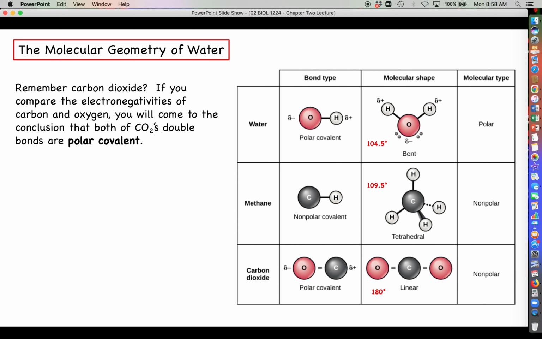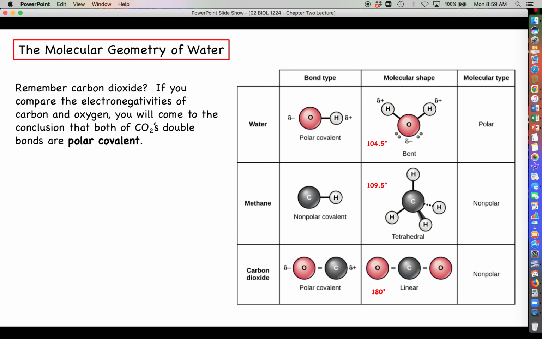So let's compare that real quick to carbon dioxide. Carbon dioxide and water actually make a pretty decent basis for comparison because each molecule contains 3 atoms. We talked a little bit about this before, but if you're talking about carbon dioxide, which you can see down here, and you compare the electronegativity of carbon and oxygen, we obviously saw before, oxygen has a much higher electronegativity. So carbon dioxide is constructed using 2 polar covalent bonds.